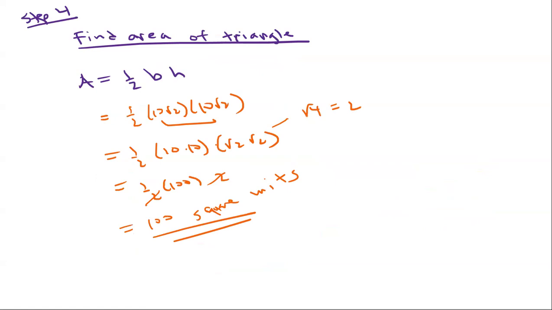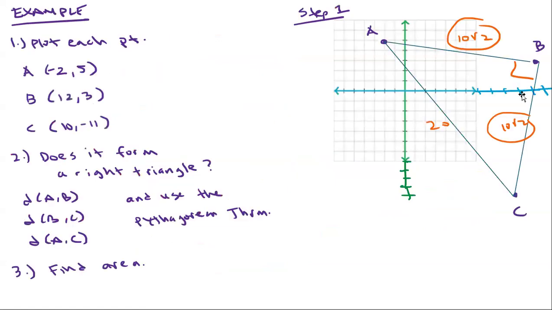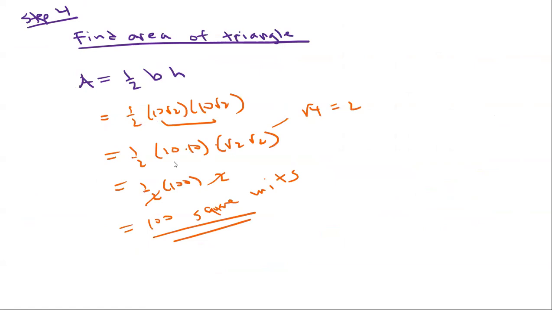Again, what we use for the base and height are the ones that are attached to that right angle. After we put in the information that we obtained from the triangle, we simplify this, and we get that the area is equal to 100 square units.